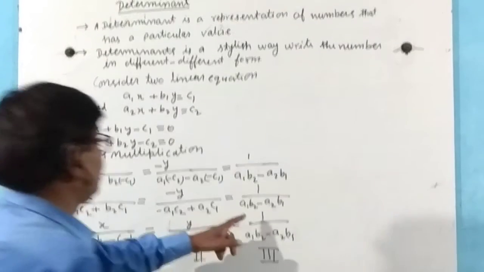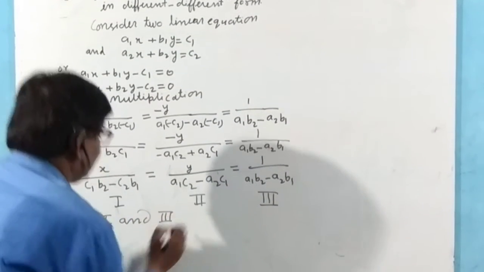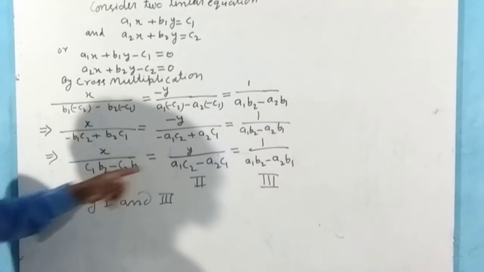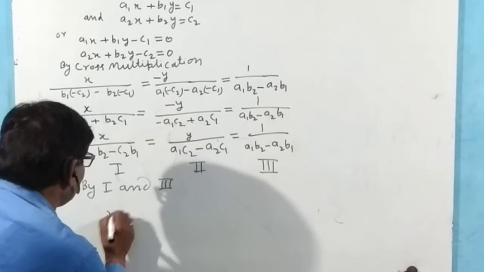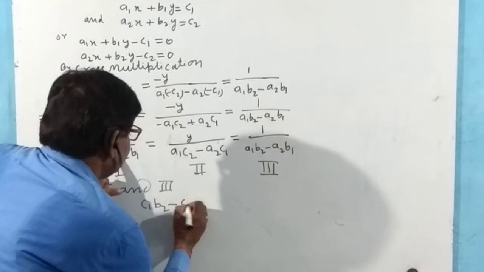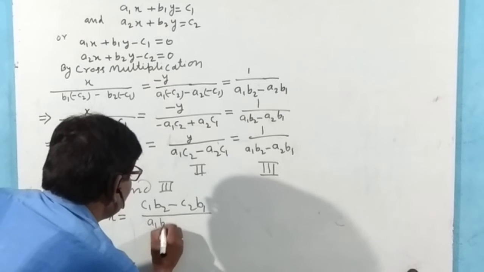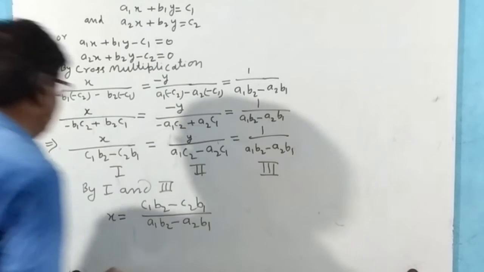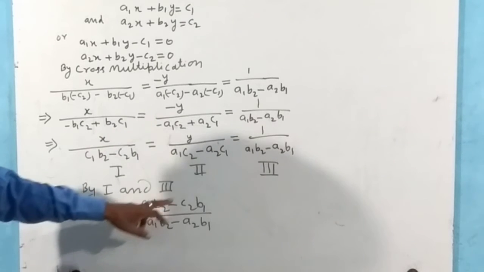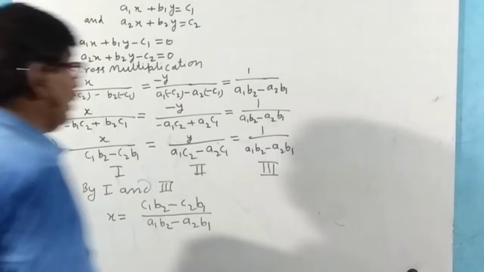Now by first and third, x equal to c1 b2 minus c2 b1 divided by a1 b2 minus a2 b1. This is the value of x.